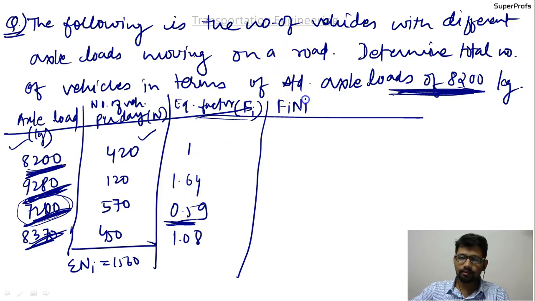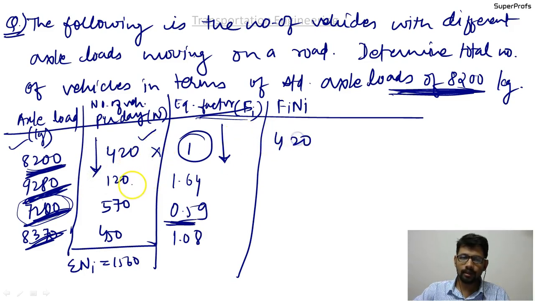Now Fi Ni: this column is Fi and this column is Ni. So 420 into 1 is 420, 120 into 1.64 is 196.8, 570 into 0.59 is 336.3, and 450 into 1.08 is 486.